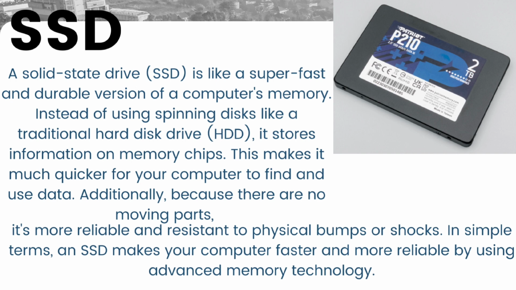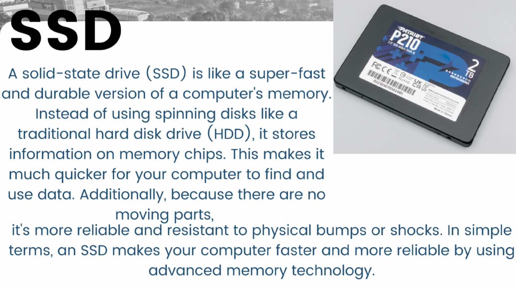A solid state drive is like a super fast and durable version of a computer's memory. Instead of using a spinning disk like a traditional hard disk drive, which we already made a video on previously, it stores information on memory chips. This makes it much quicker for your computer to find and use your data.